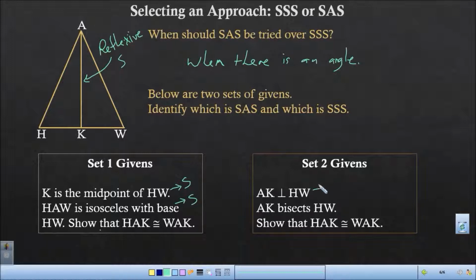Perpendicular lines give us an A. Bisecting a segment gives us an S, not an A.